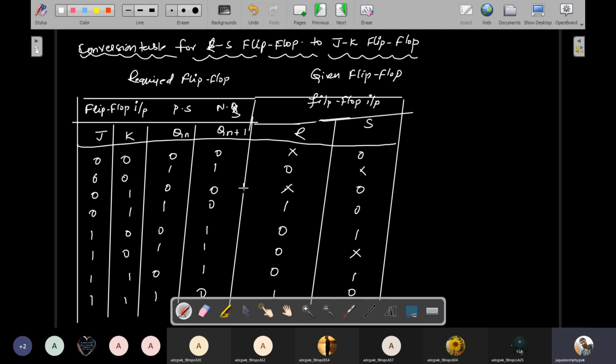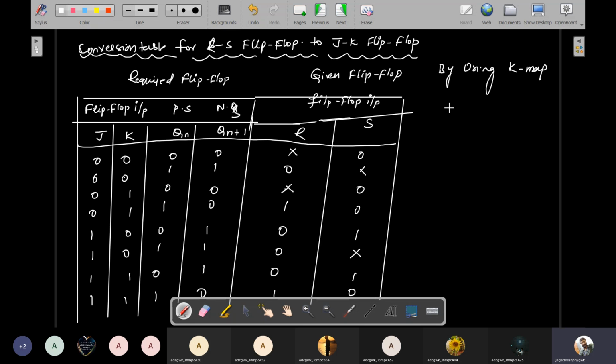These conversion tables we write by using the JK flip-flop truth table, and the present output and next output combination. By using that combination we can write the RS flip-flop values, the set and reset values. Right now I use the K-map from this conversion table. Using K-maps, you will get the equations.